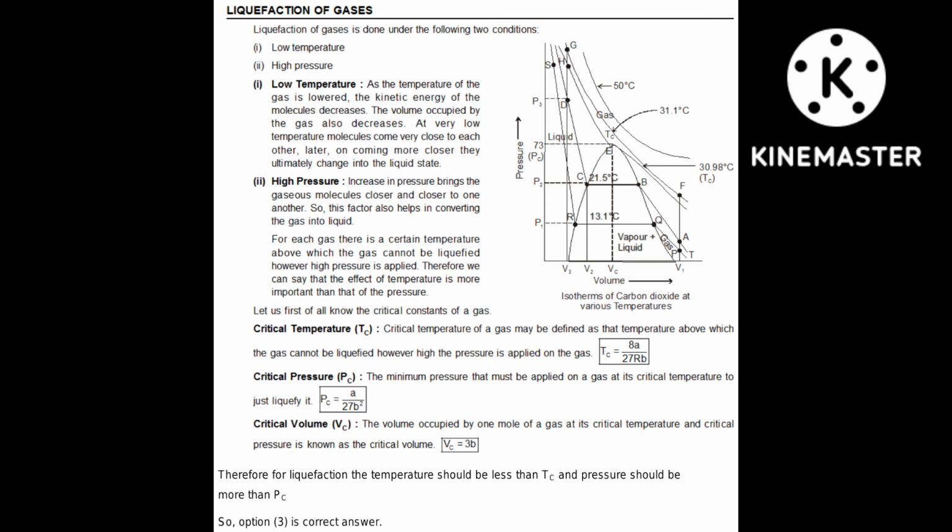The surface separating the two phases disappears. The surface that was distinguishing vapor and liquid disappears, and as the volume decreases, only one phase will be there, that is the liquid.